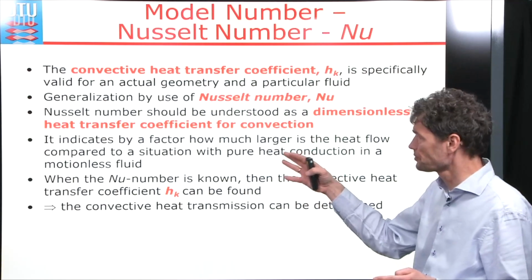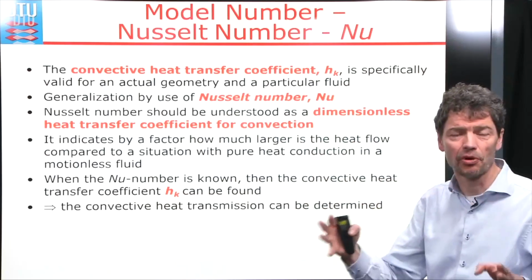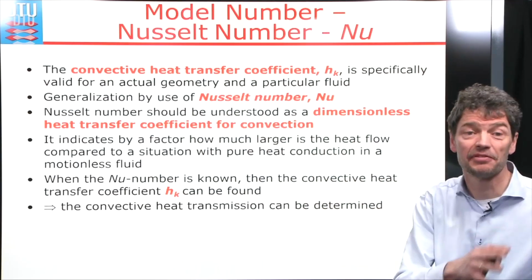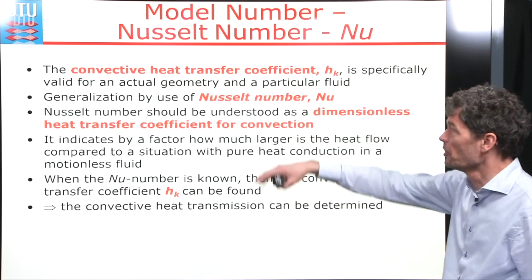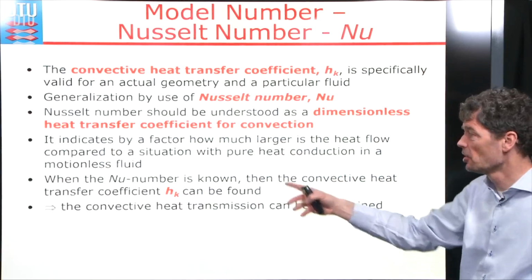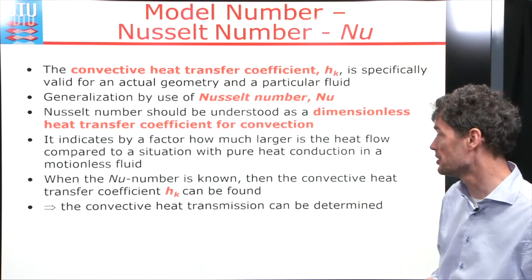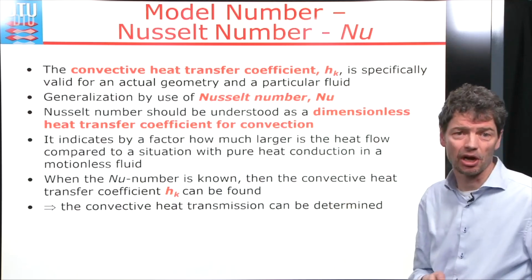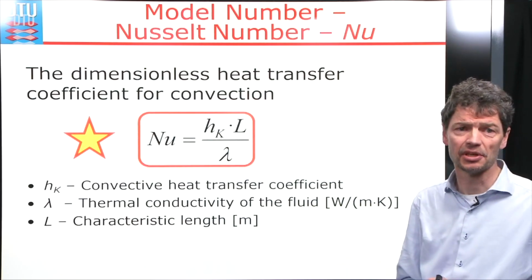So the Nusselt number really indicates by what factor we have more heat flow than if it were a still standing fluid. So if we can somehow get hold of the Nusselt number, that factor of how much more it is, then we can also calculate the heat transfer coefficient, as we will illustrate. So that's what we're all up to. That is really to find h, but we do it via finding the Nusselt number.